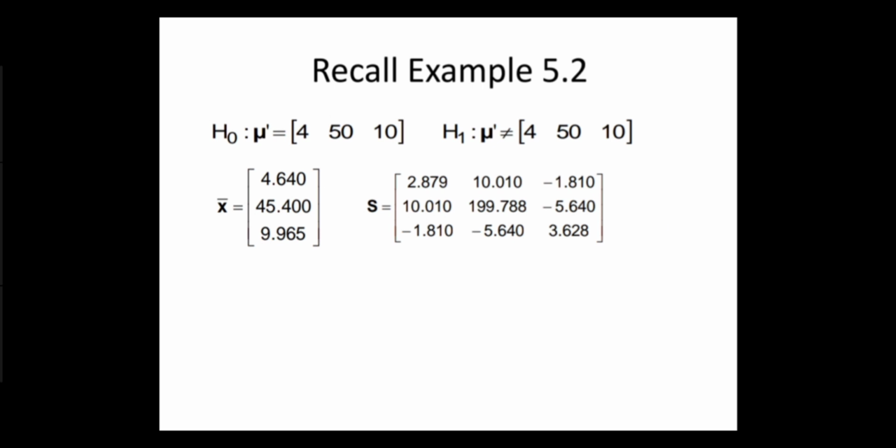So from this vector, we know that x bar 1 is 4.64, x bar 2 is 45.4, x bar 3 is 9.9, and from the variance covariance matrix, the diagonal will be the variance of each variable, which is 2.879 is the variance for the first variable, 199.78 is the variance for the second variable, and 3.628 is the variance for the third variable.